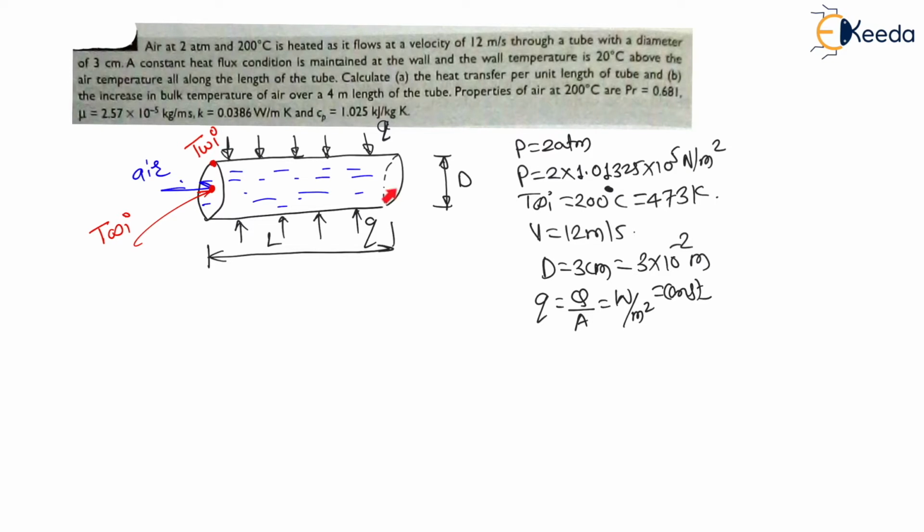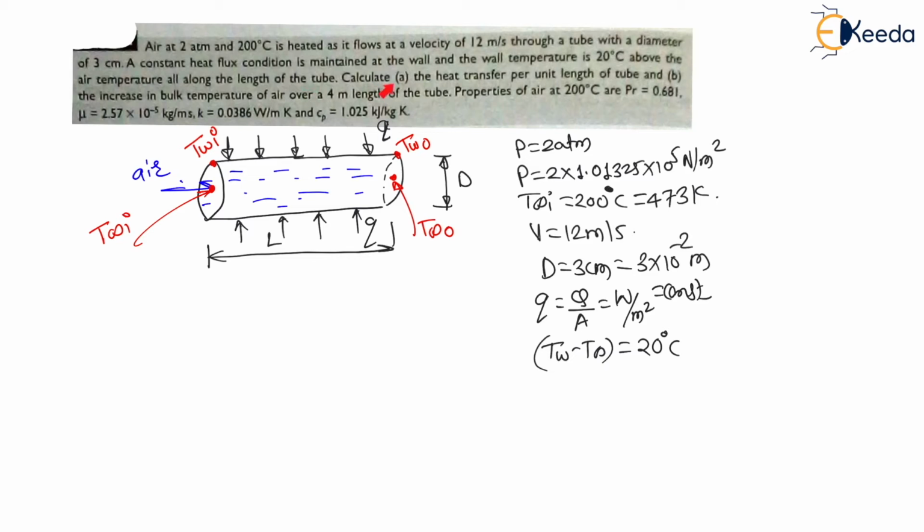Now at exit the air temperature will be increased, because we are heating this air. Therefore at exit the air temperature will be T infinity O, and the wall temperature will be T wall O. T wall minus fluid temperature at each and every location is 20 degrees Celsius, which means the wall temperature is always more than the surrounding air temperature.